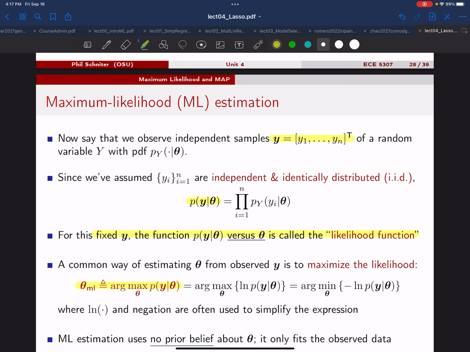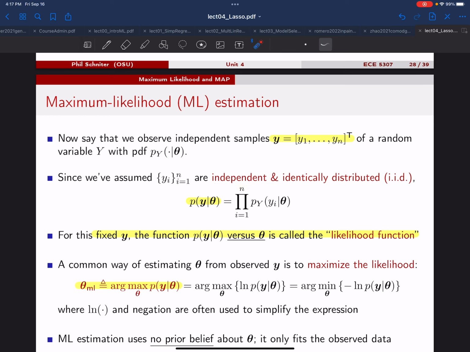So let's go back one second and talk about the rest of this. The most common assumption, the one we're going to use all semester, is that these different samples are independent and identically distributed if you fix everything else in the problem. So if we fix theta, we're going to think of these as IID.